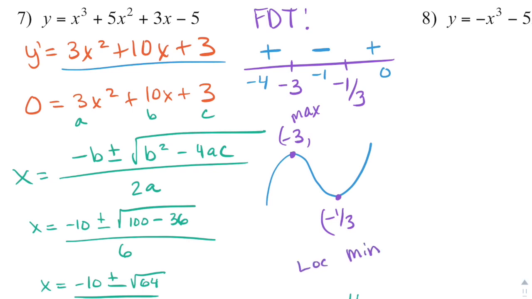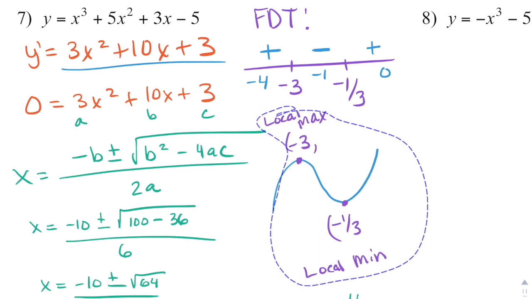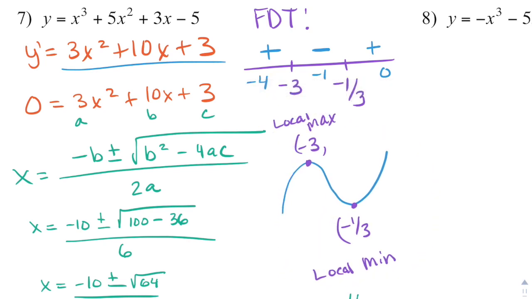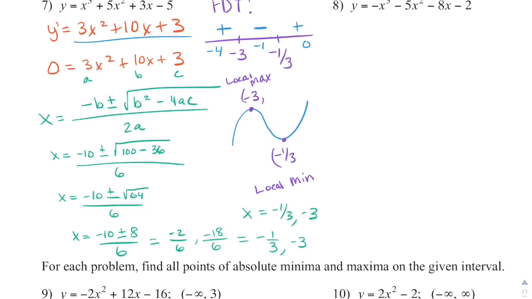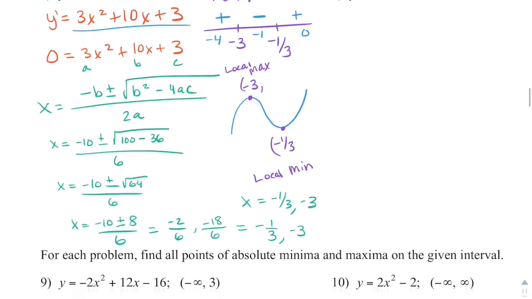They're local because it's a cubic function. And to find outputs, you just put the x into the original function. You can get a decimal for this. You don't have to go crazy. Just type your x into your y equals.